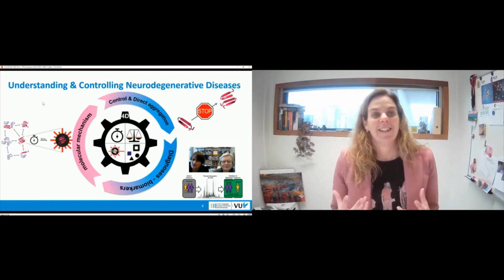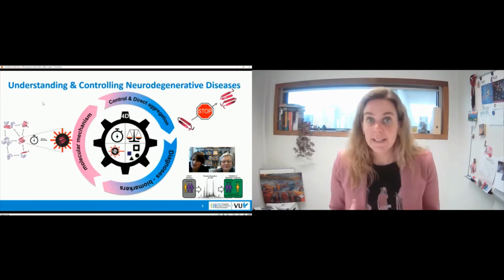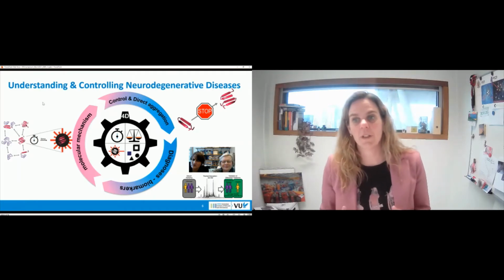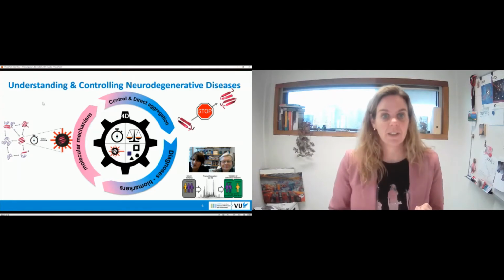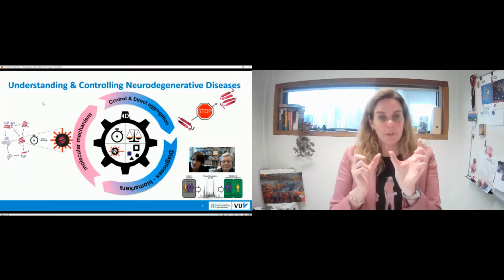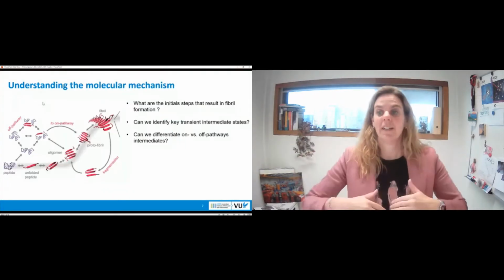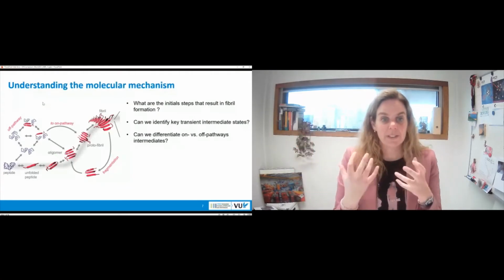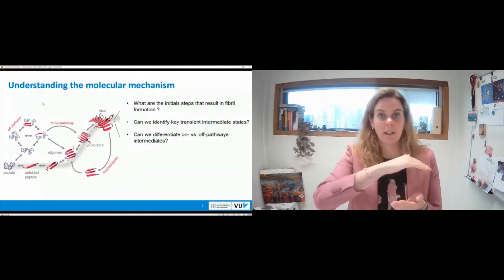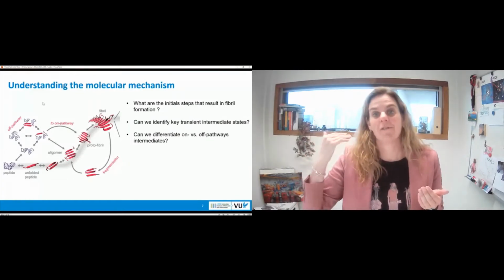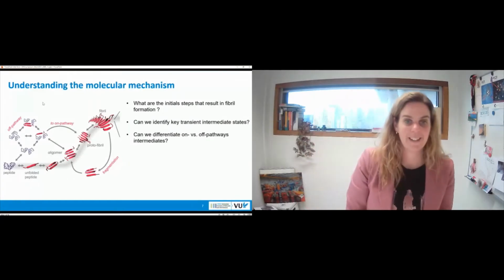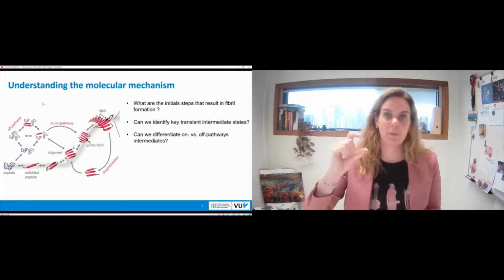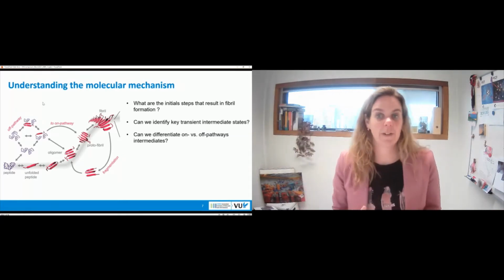If you want to understand the molecular mechanism, what does it mean? Well, it means that you want to know these initial steps in the early stage of our curve, that result in and form these fibrils. And we want to identify intermediates along this pathway that are very important, that, for example, are key for fast development or are points where the growth is slowing down.